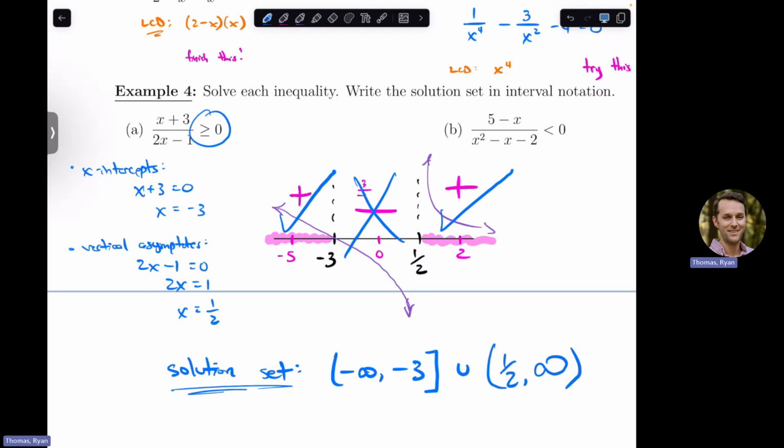So it doesn't have to change, but it can change. That's why we go check and test. If it's positive here and positive here, I guess they're both included. But I don't know that ahead of time going in. So we're finding the places things can change and then seeing what happens, and then, as usual, we'll write that down. Okay?